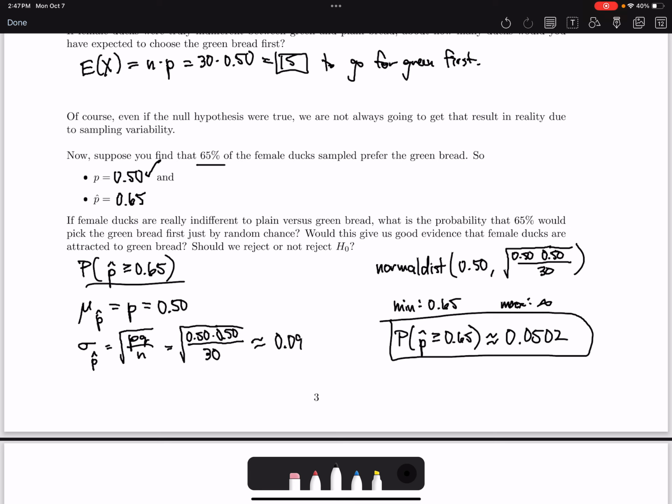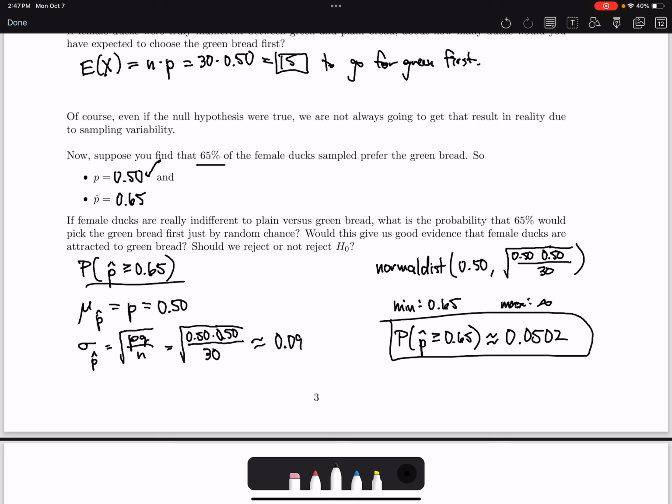But for now, just using the same cutoff that we've been using in the past, we would say, no, this isn't super unusual. It's possible then that this could just happen by random chance. And therefore, this is not super great evidence, and so we should not reject the null hypothesis.